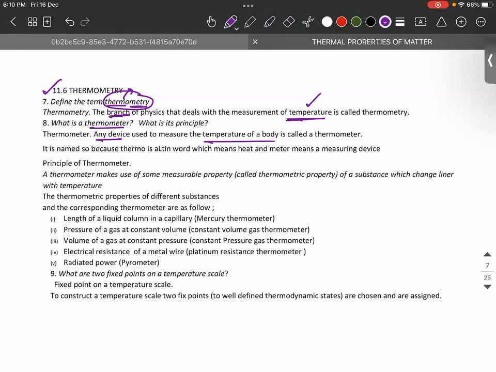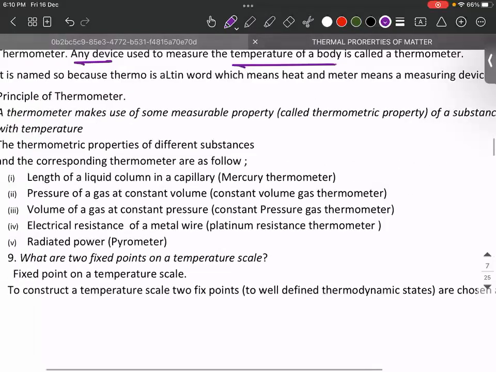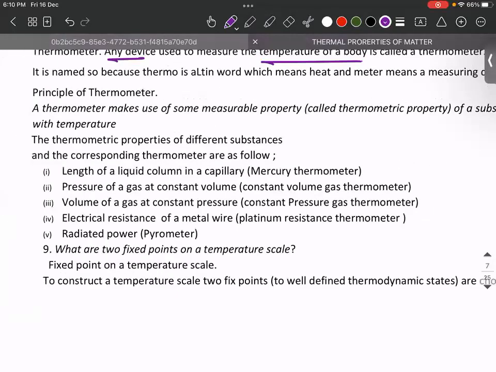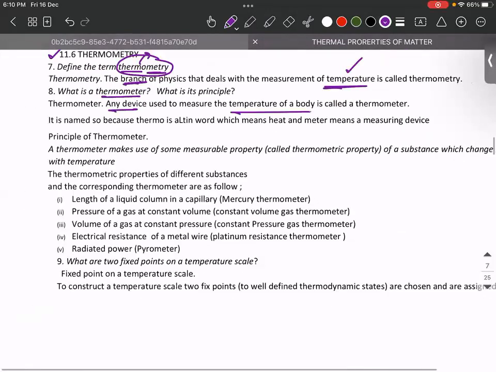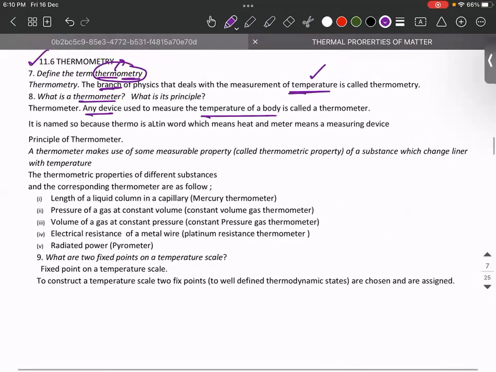It is named so because I don't want to get into those details. But what is the principle on which a thermometer works? Because this will give us the relation between different scales of temperature. Okay, let us see the principle of a thermometer.